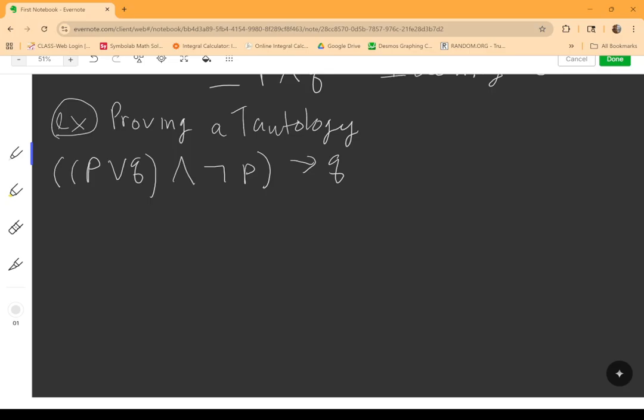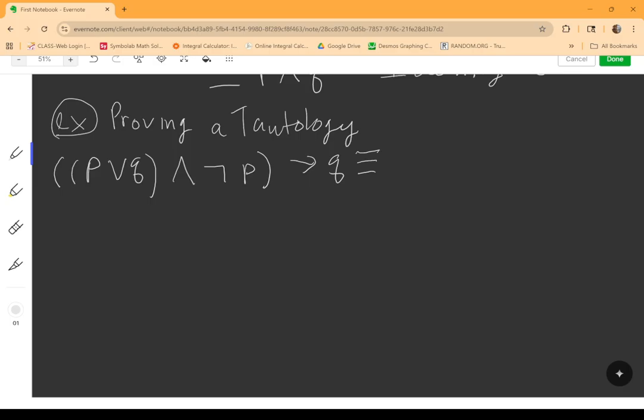The goal is that through our laws, I want to reach the conclusion of T, true for all values of P and Q. We'll start with an implication, so let's just use the definition of an implication.